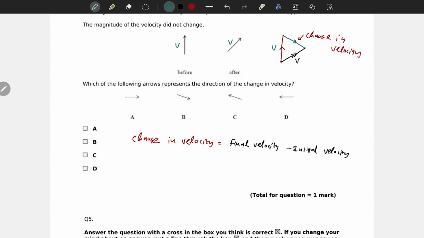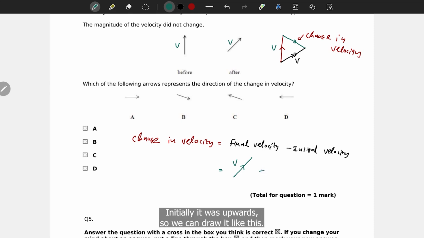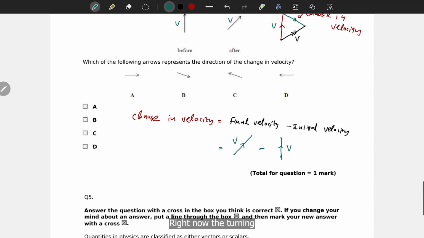Right, now the final velocity is, we don't exactly know the direction, but we know this velocity is something like this. Minus initially it was upwards, so we can draw it like this, right? So now the lengths are equal. Now this is the pivotal point of this lesson, and as this is very important, always remember, guys, I recommend you watch this 2 or 3 times if you don't understand.